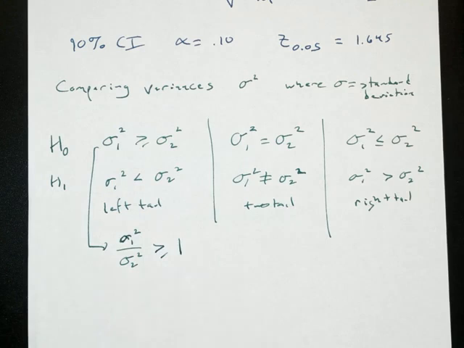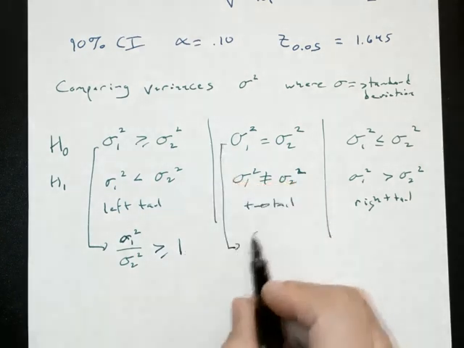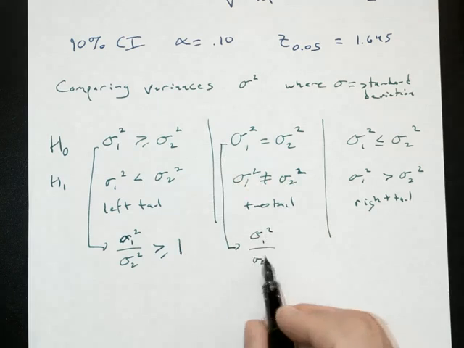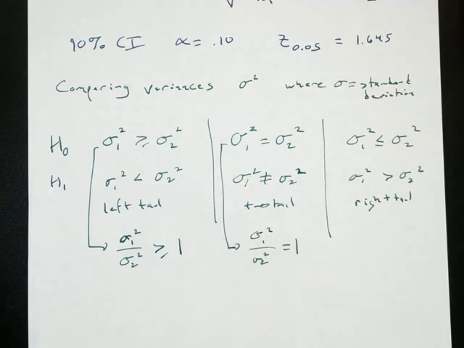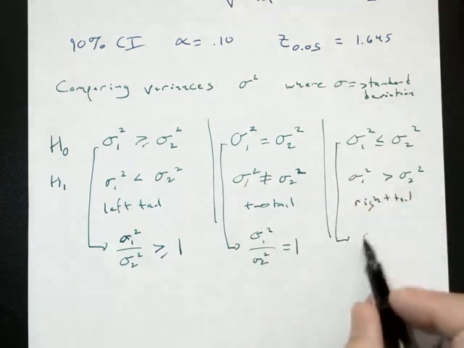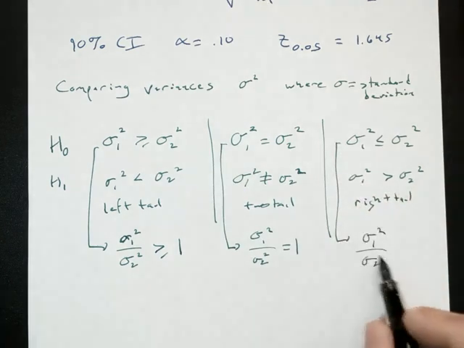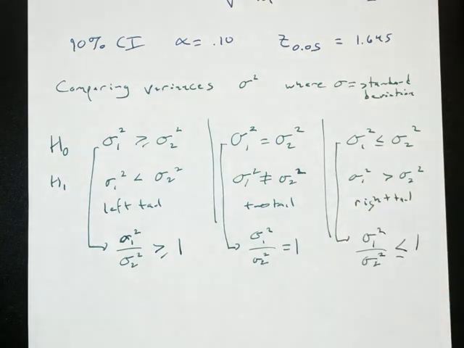Or here, sigma 1 squared over sigma 2 squared equals 1. Or here, sigma 1 squared over sigma 2 squared is less than 1. You'll see both versions in different places. But it's this bottom one that actually is the one that is easiest to test.